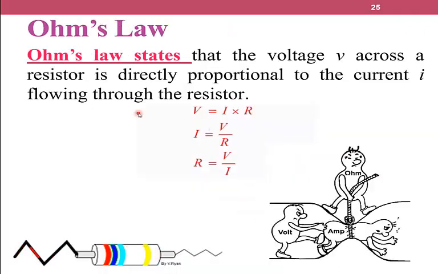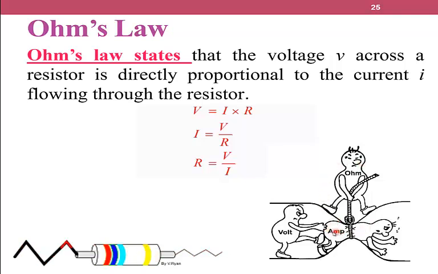Also, we have an important law which is called Ohm's law. It indicates that the voltage across a resistor is directly proportional to the current I flowing through the resistor. So V equals IR, and you may get the others from the same equation. This is a good illustration.